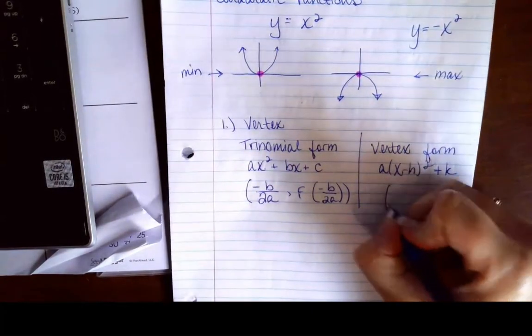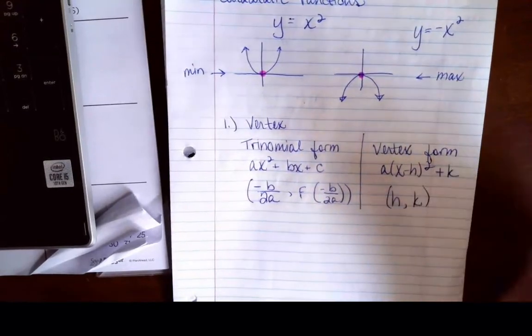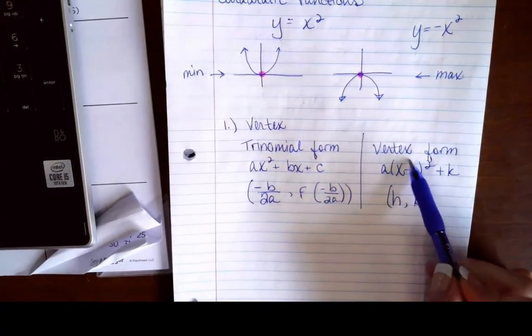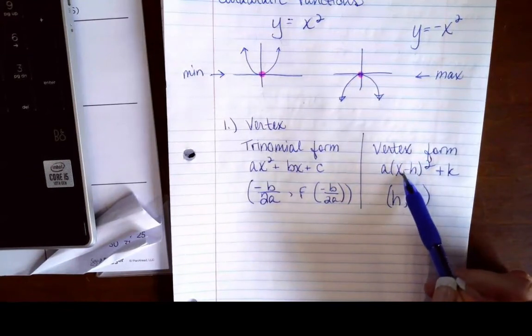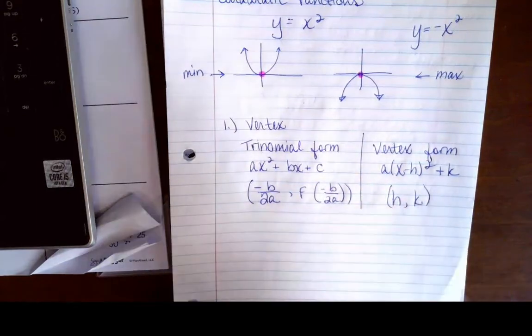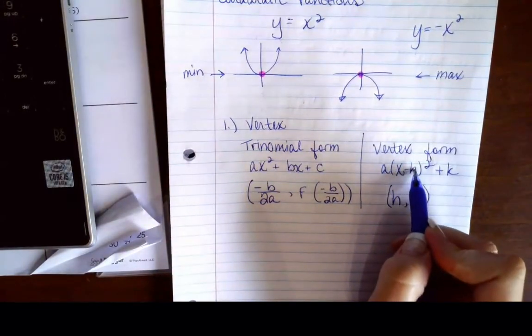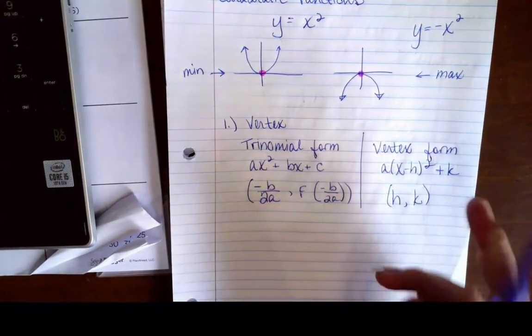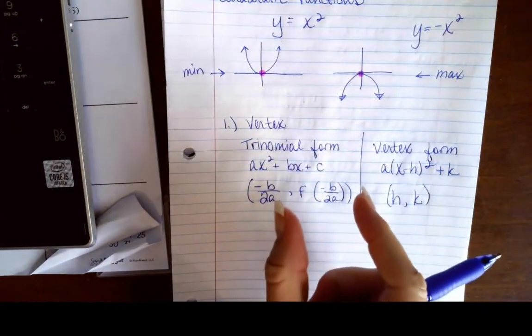In this case, your vertex would be h comma k. Be very careful. When you pull out this h value, whatever's being added or subtracted to x, you're going to change its sign. Go back to the last lesson that we did. What happens if you add or subtract something directly to the x? It shifts it to the left or to the right, and you always do the opposite of what it says.